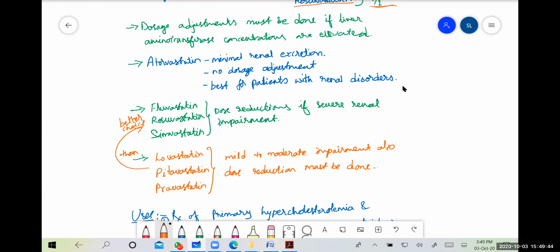That's why we need not do any dose adjustments for atorvastatin if the patient has abnormal kidney function. So this is the best option that we can give to patients who have renal disorders.